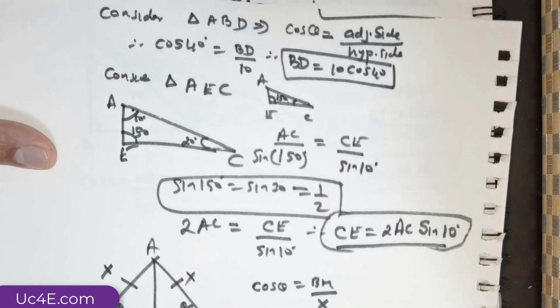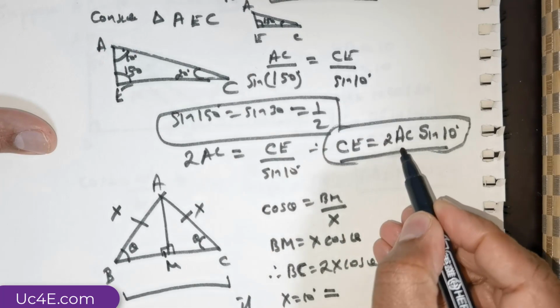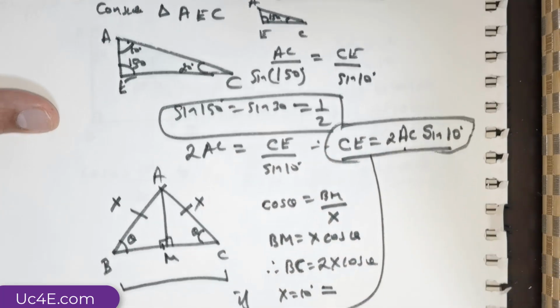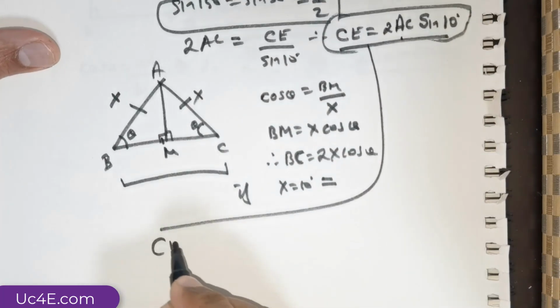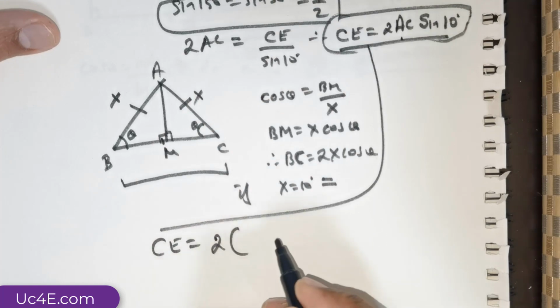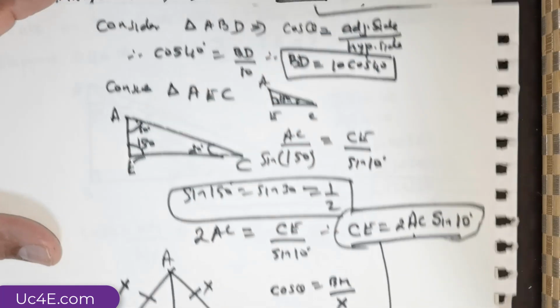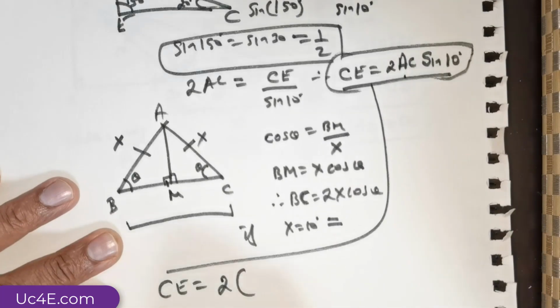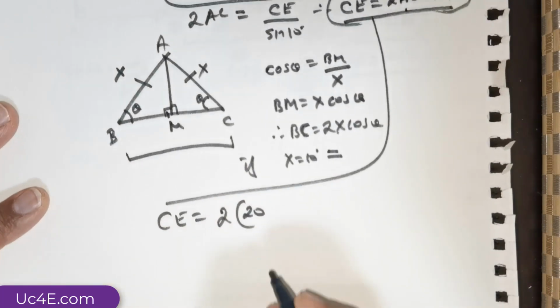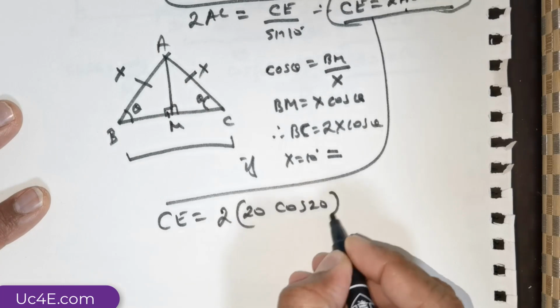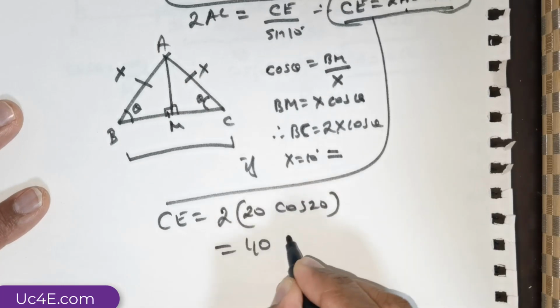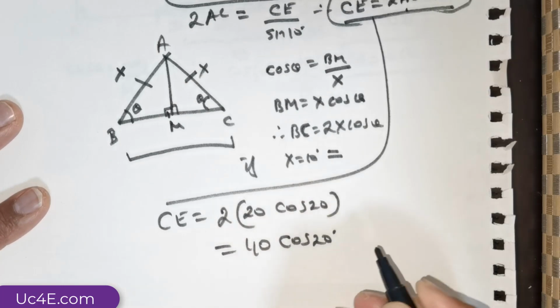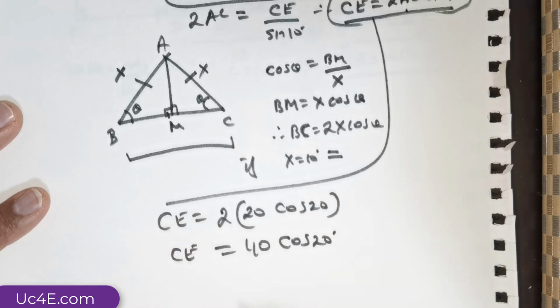So let's go back here. AC is already obtained. So this would mean, let me write that down here. CE is equal to 2 times AC. Let me show the value to you. 20 times cos 20, which is 40 times cos of 20. This is my CE.